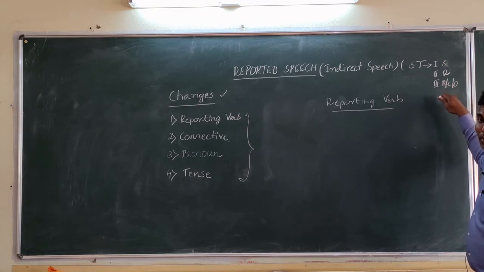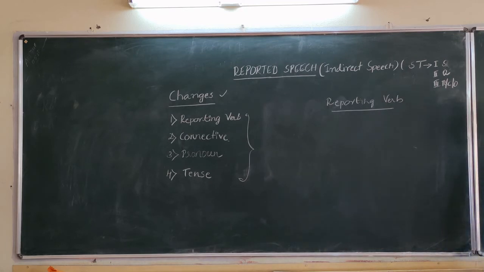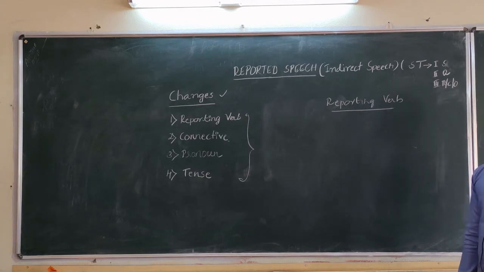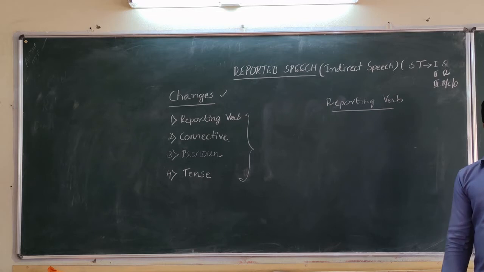Either they will be statements, or they will be questions, or they will be requests, commands, orders. I'm sure you'll have at least two statements. If you have two statements, after that you may have to consider questions, or you may have three statements, two questions, or you may have a third type, one question.